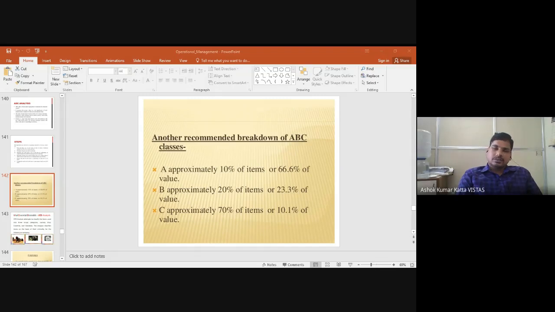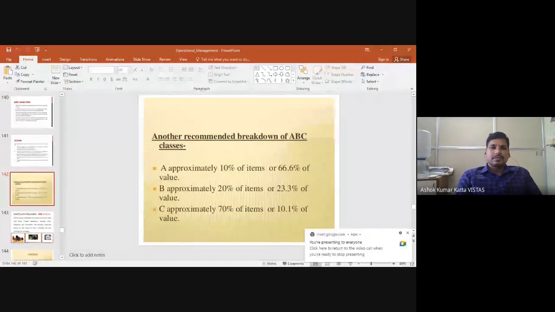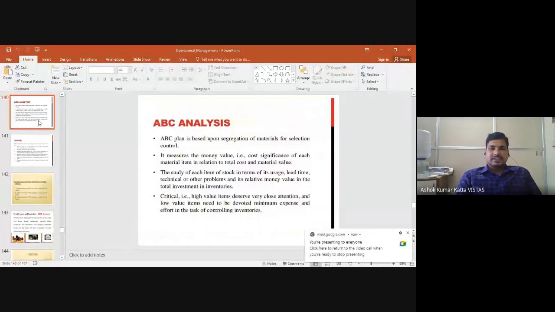In comparison, gold is moderately available everywhere. Whoever has 5,000 rupees can buy one gram worth of gold. So quality is an important matter when you are talking about ABC analysis. So, previous slides we can continue.